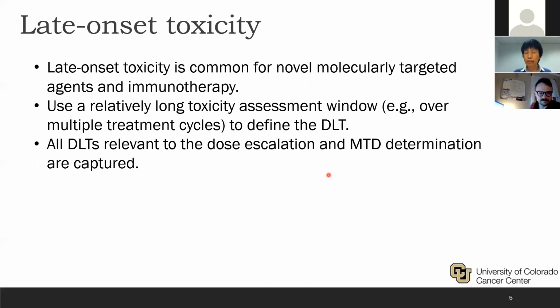However, with late onset toxicity, the toxicity window is in general 8 weeks or more. So with a long toxicity assessment window, we can capture all the DLTs relevant for dose escalation and MTD determination.